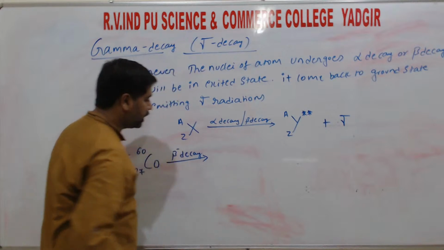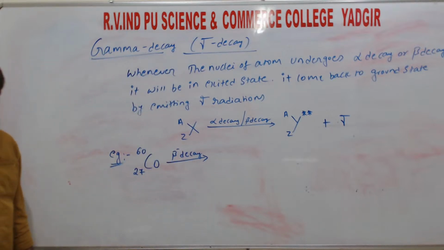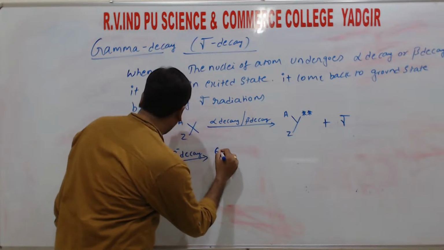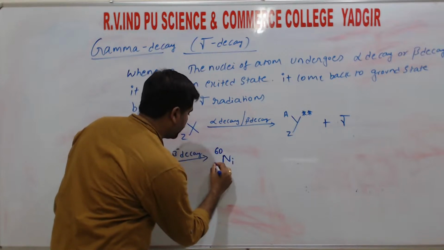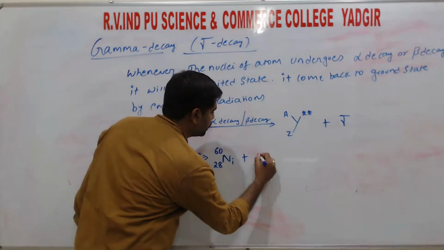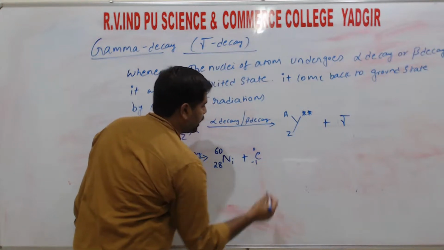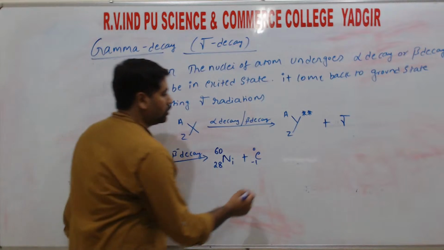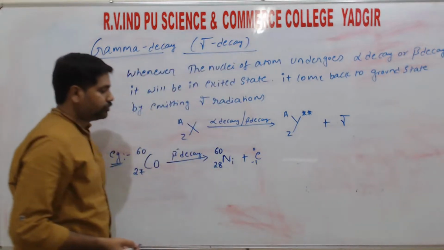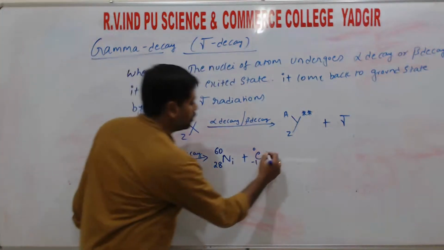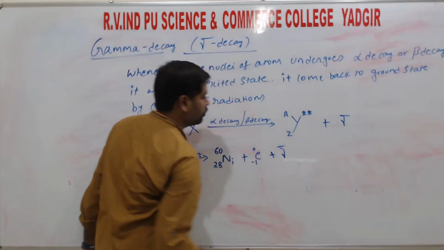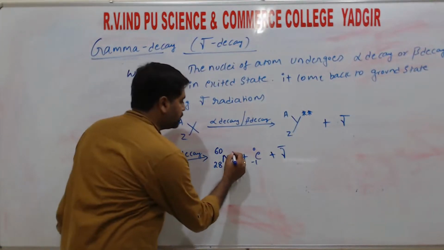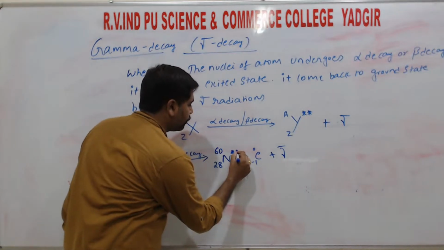So here in place of cobalt, we are getting nickel, that is mass number 60 and it becomes 28, plus here emission of the electron because it undergoes beta decay, right? Plus anti-neutrino. Now this is in the excited state.